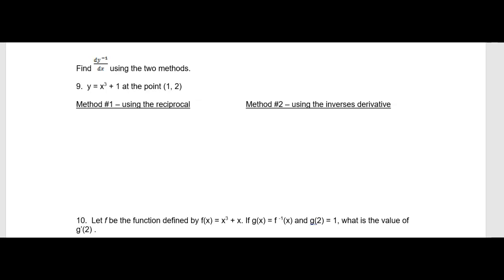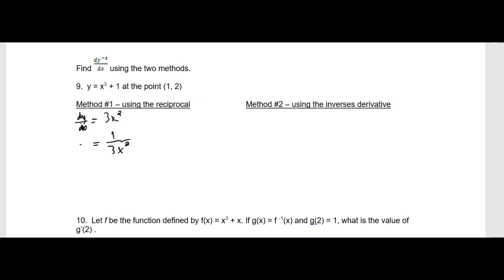Method number 1, we can use the reciprocal. This is probably the easiest way if it's up to you. So if we took the derivative of this, and I'm going to ask you to do the derivative notation, or the fraction notation for this one, the change in y with respect to x would be 3x squared. Pretty simple. The reciprocal version is if I just did the reciprocal of what we just found, 1 over 3x squared.